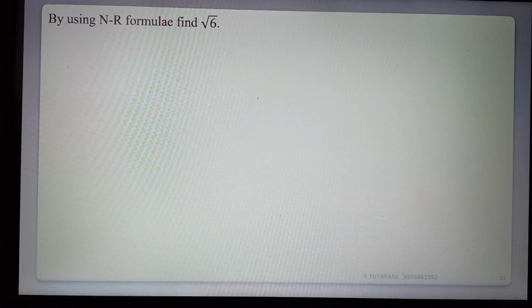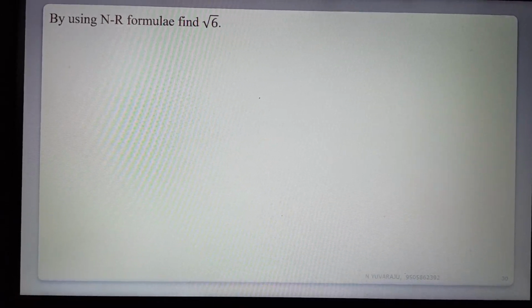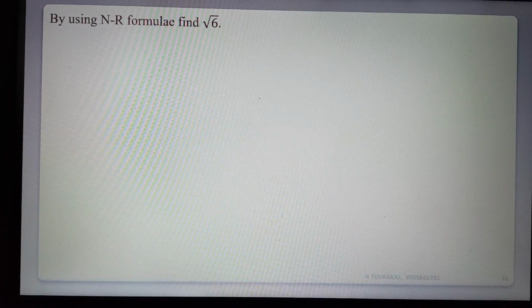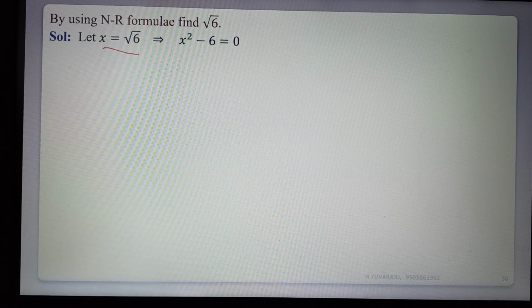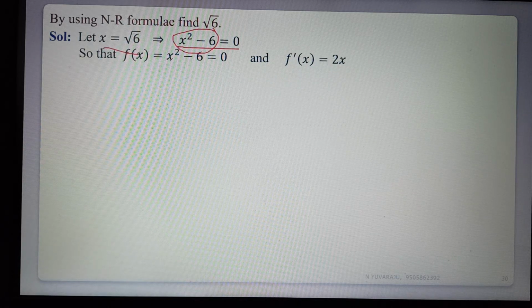So next example: by using the Newton-Raphson formula, find the square root of 6. Let x is equal to root 6, therefore x square is equal to 6, so x square minus 6 is equal to 0. Let the function f of x is equal to x square minus 6, so f dash of x is equal to 2x.